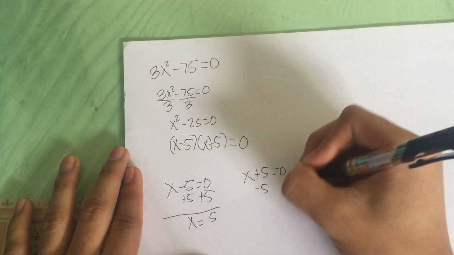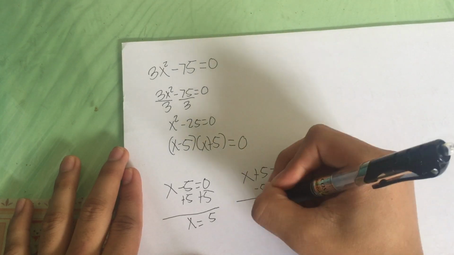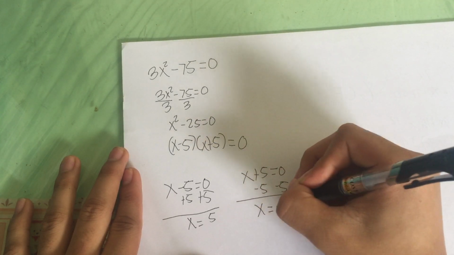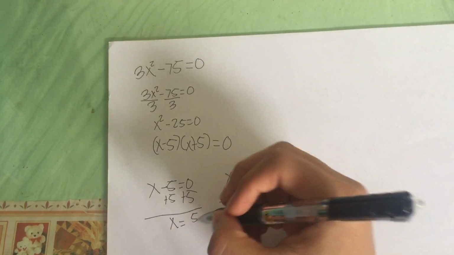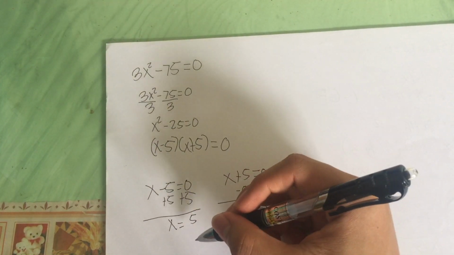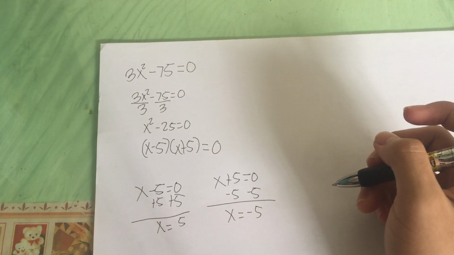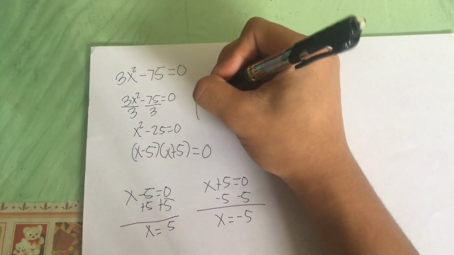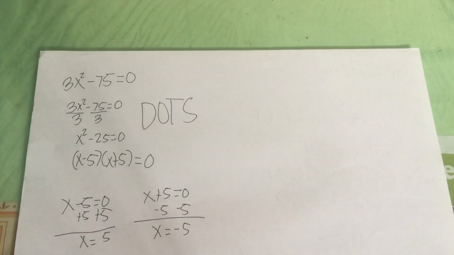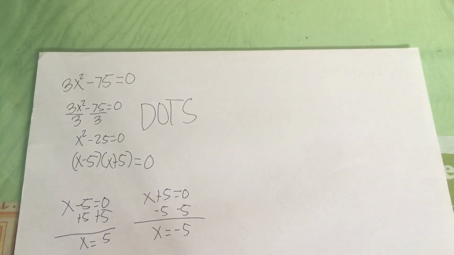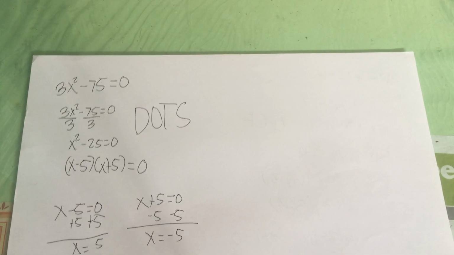Add a negative 5, then your answer will be x equals negative 5. So your answer will be x equals positive 5 and x equals negative 5. This is DOTS. Now, let's start with PST.